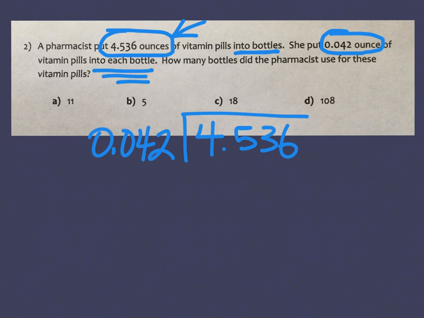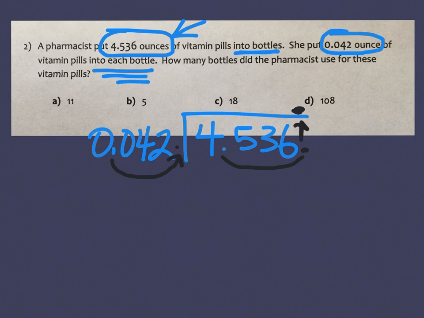When we divide decimals, you should remember that we need to move the decimal in our divisor all the way to the end. We can have no decimal divisor. We need a whole number. So when I moved that decimal, I moved it 3 places. So I need to do the same thing to my dividend, the number inside the house. The decimal needs to move 3 places.